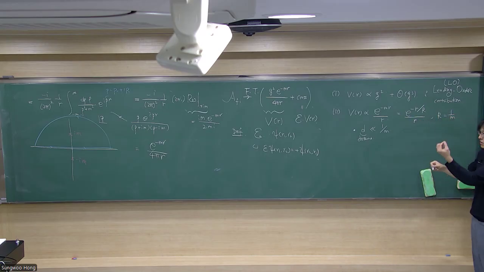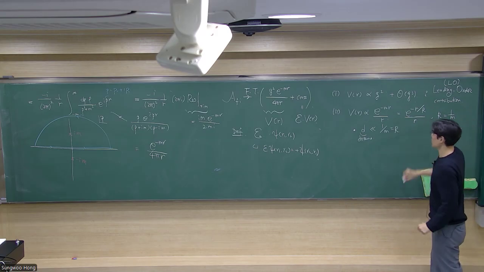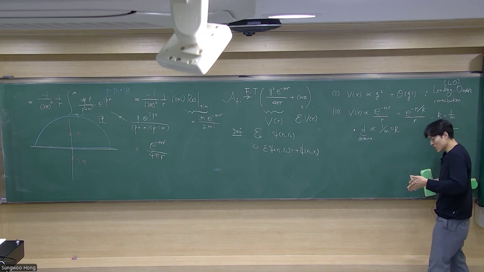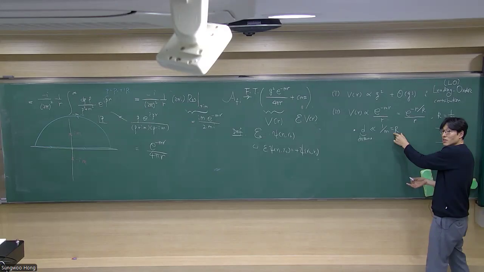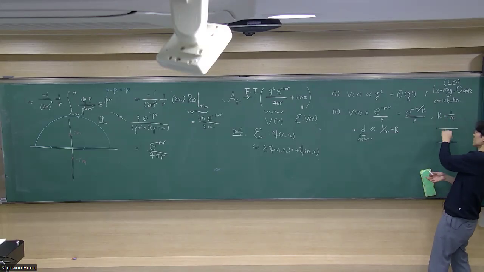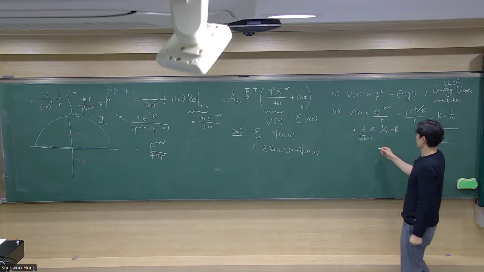So given a particle mass which is getting exchanged between two ends, there's an associated length scale, which let me call capital R. And so what I'm asking here is that if I look at a distance scale which is much shorter than the characteristic distance scale controlled by the mass parameter of the exchanged particle, then what happens?